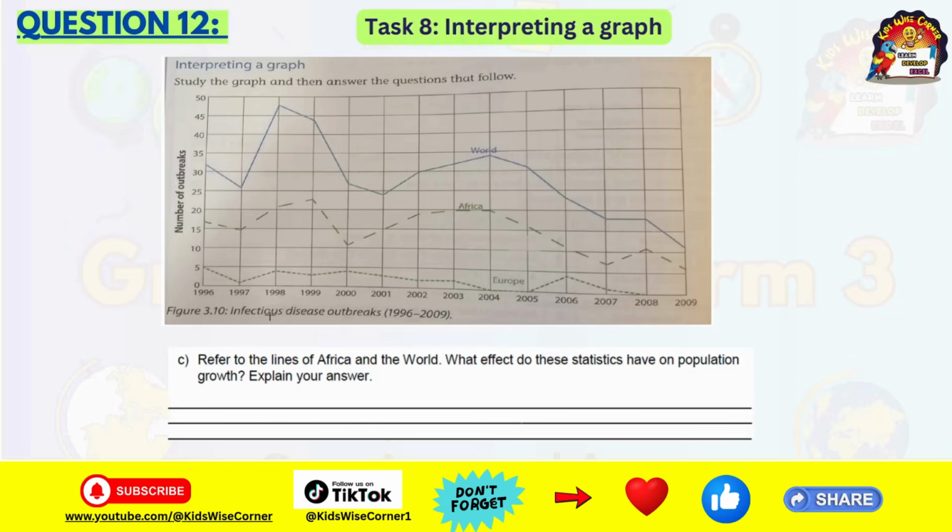So the population grows because fewer people die from disease.